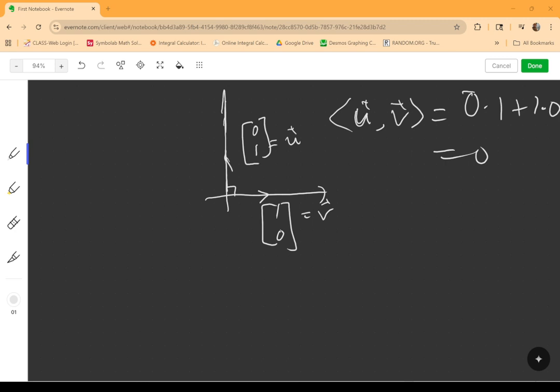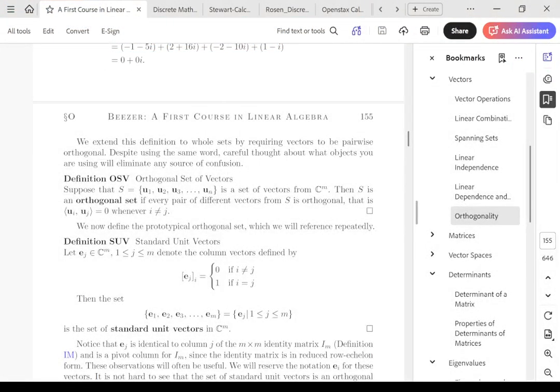I know what it means for two vectors to be orthogonal, but what do we mean when we say a set of vectors? Looking at our textbook, we define an orthogonal set of vectors. Suppose that S equals {u1 through un} is a set of vectors from R^m, Euclidean m-space.